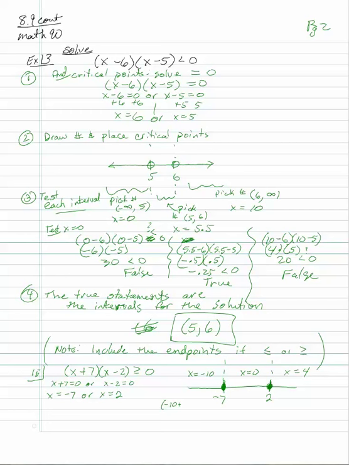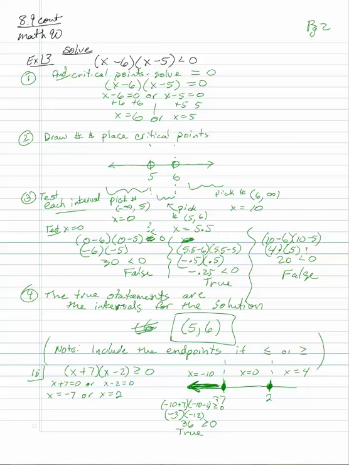Negative 10 plus 7 times negative 10 minus 2, is that greater than or equal to 0? So we get negative 3 times negative 12, which is positive 36. And I don't really care about the number. It's positive. Positive is greater than 0.